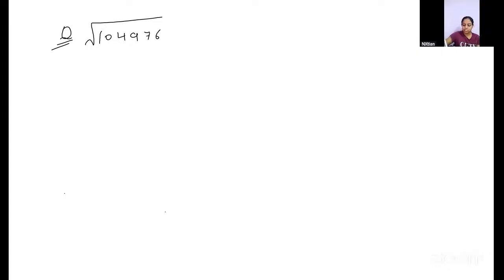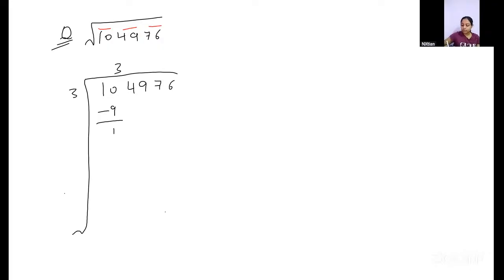104976. Okay. We will make pairs of 2. Now 10 is there. I have to take 10 together. So can I do with 9? 3 3s are 9. We have to take only perfect squares. So I'm going to take 3 3s are 9.